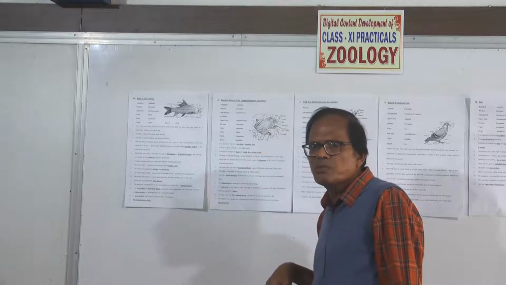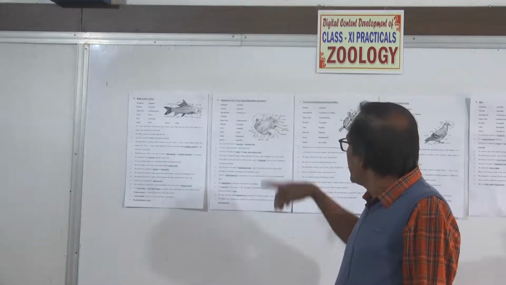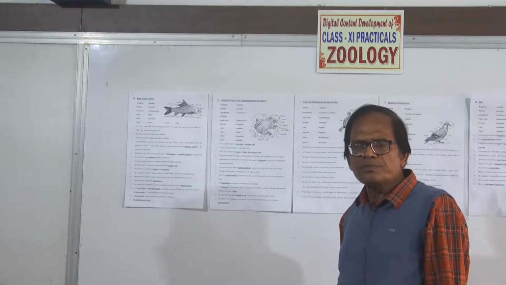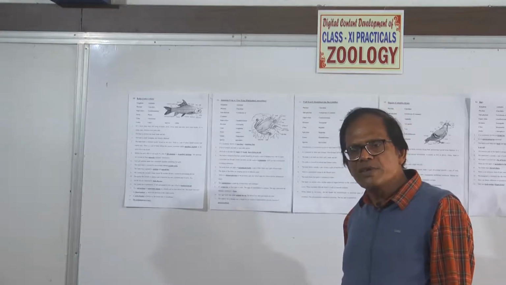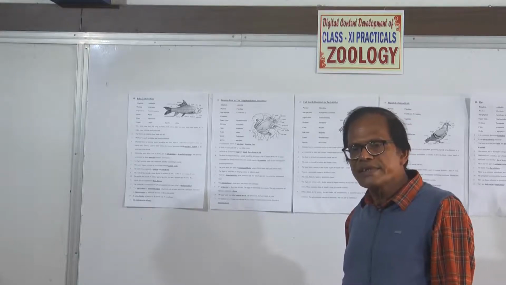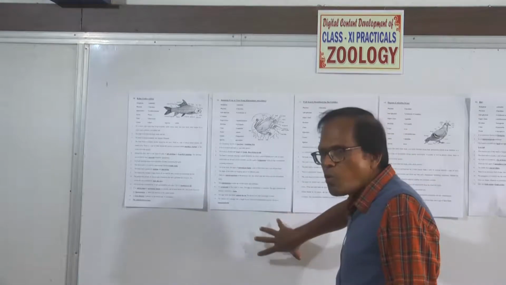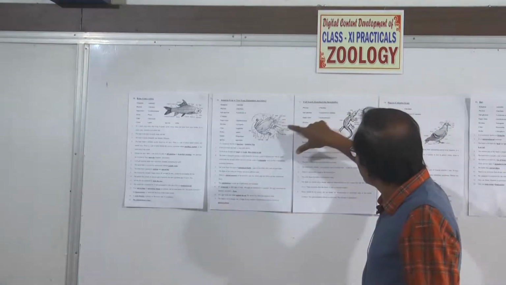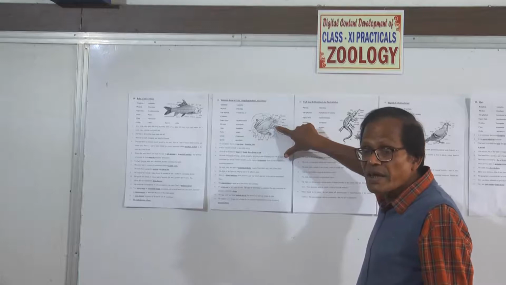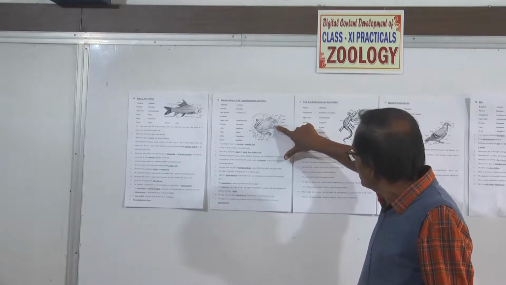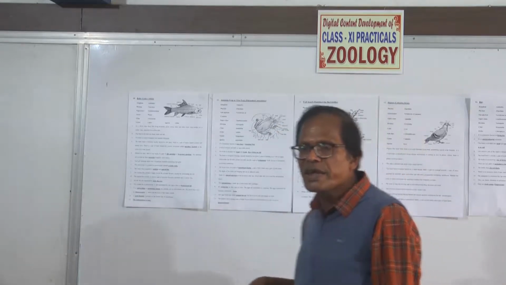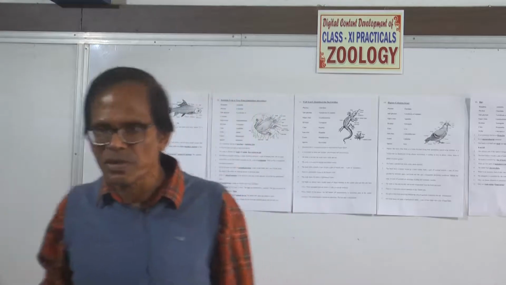Additional features are it lives on the twigs of trees or walls. It can stick onto a wall. Its limbs or digits have adhesive pads. These adhesive pads secrete a sticky substance.